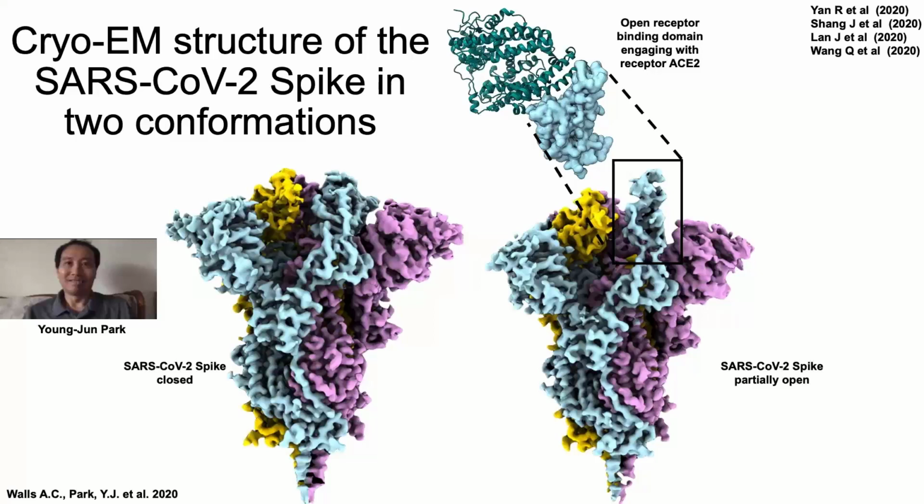So SARS coronavirus 2, we know, uses ACE2 as its receptor. And one thing we wanted to identify, as we have this pandemic underway, is where the neutralizing antibodies that target the SARS coronavirus 2 spike are going.